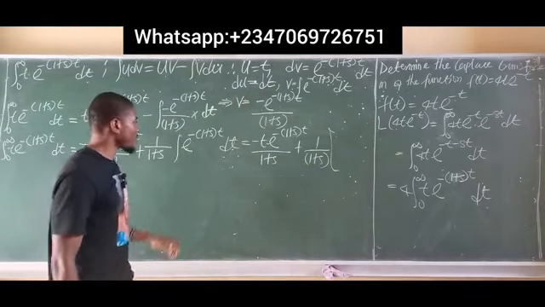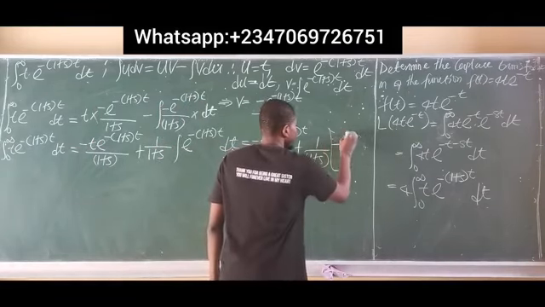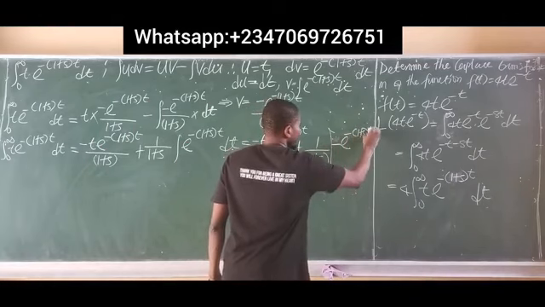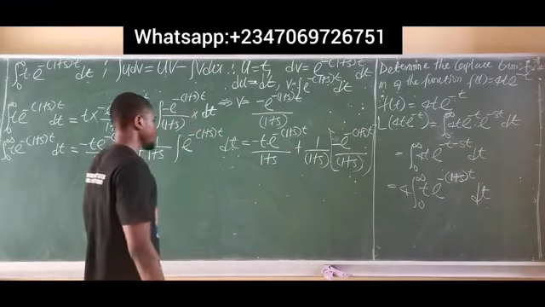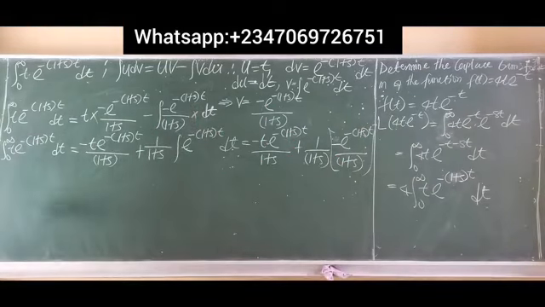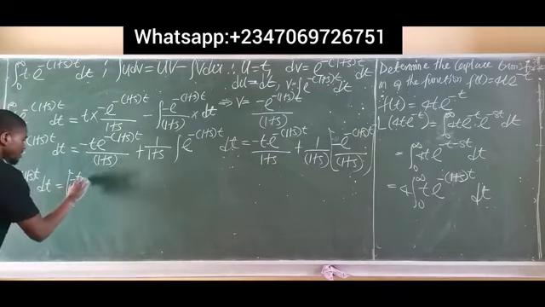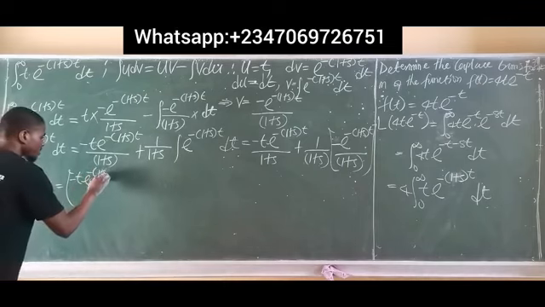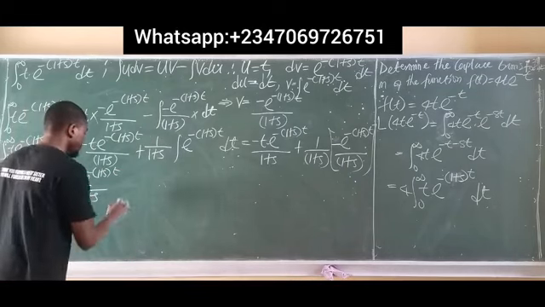So if we carry out this integral, we are going to have minus e^(-(1+s)t) all over (1+s). So we simply have this. Not forgetting the limits, the integral from 0 to infinity of t e^(-(1+s)t) dt is now equal to, now we append the limit, minus t e^(-(1+s)t) all over (1+s).